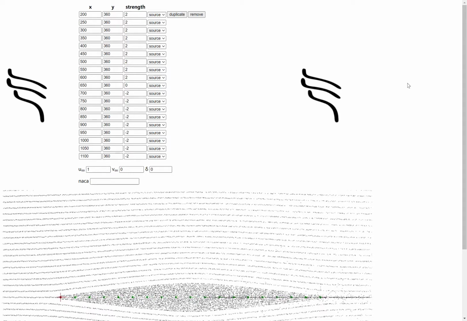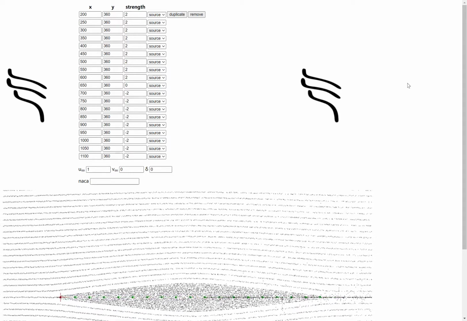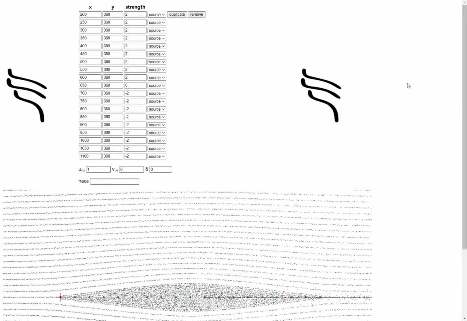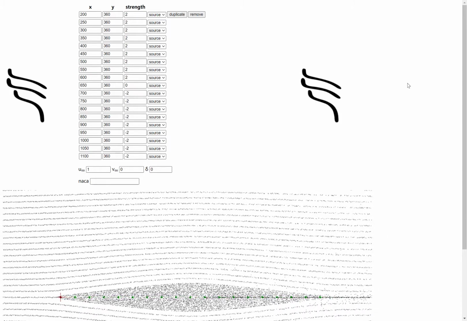Now, if you go to that OneNote notebook and scroll to the second module, that's the incompressible potential flow module, and we are at the second section of that module.